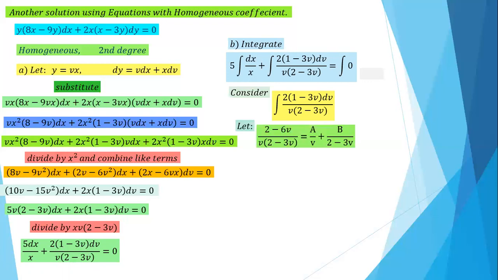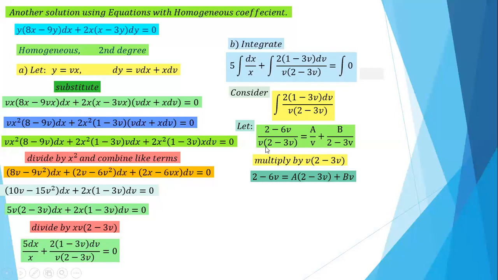So we let 2 minus 6v. So we distribute 2 over v times 2 minus 3v equals A over v plus B over 2 minus 3v. Then we multiply both sides by v times 2 minus 3v. So the result is here.